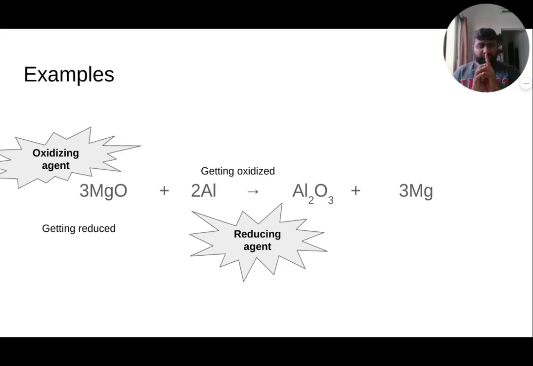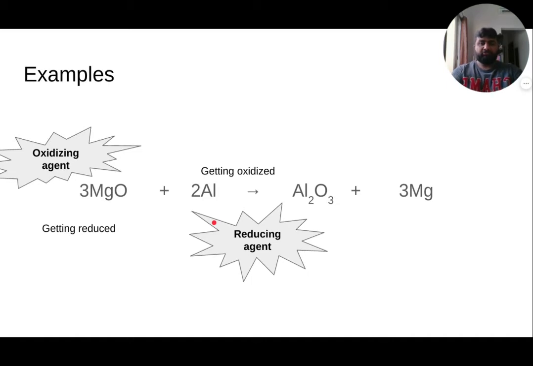They might ask you what is getting oxidized, what is getting reduced, and they might ask you to identify the oxidizing agent and the reducing agent. So you see, the oxidizing agent always gets reduced to oxidize others, and the reducing agent always gets oxidized. That's a very important part.